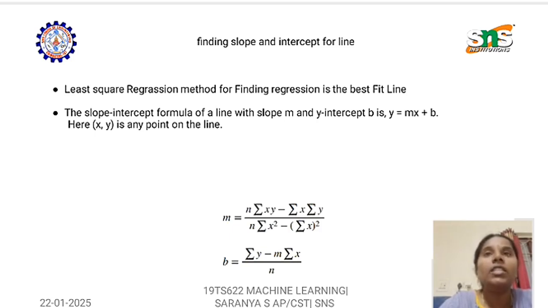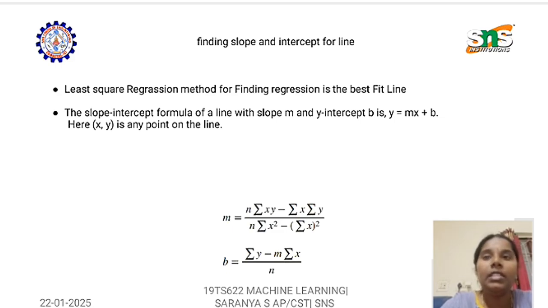This implies that changes in the dependent variable follow those in the independent variable in a linear fashion. This means that there should be a straight line that can be drawn through the data points. If the relationship is not linear, then linear regression will not be an accurate model.